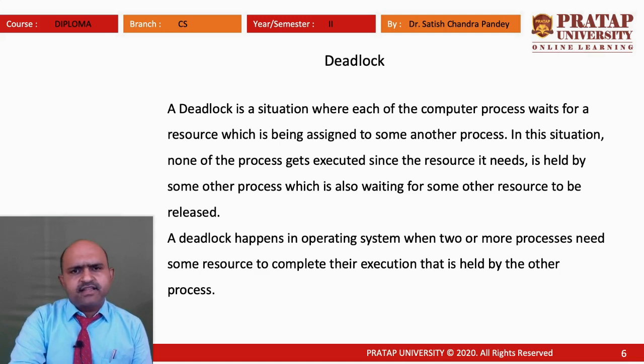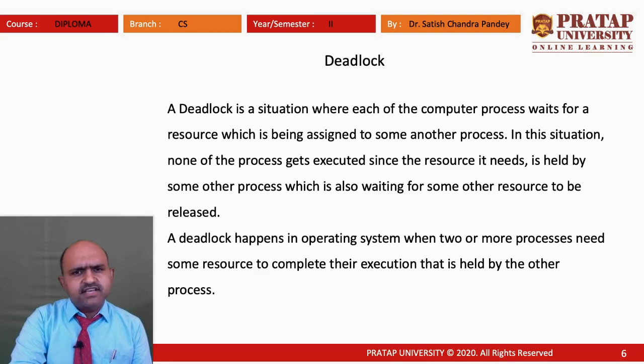Now the next topic is deadlock. It is the most important topic for operating systems. A deadlock is a situation where each computer process waits for a resource which is assigned to some other process.